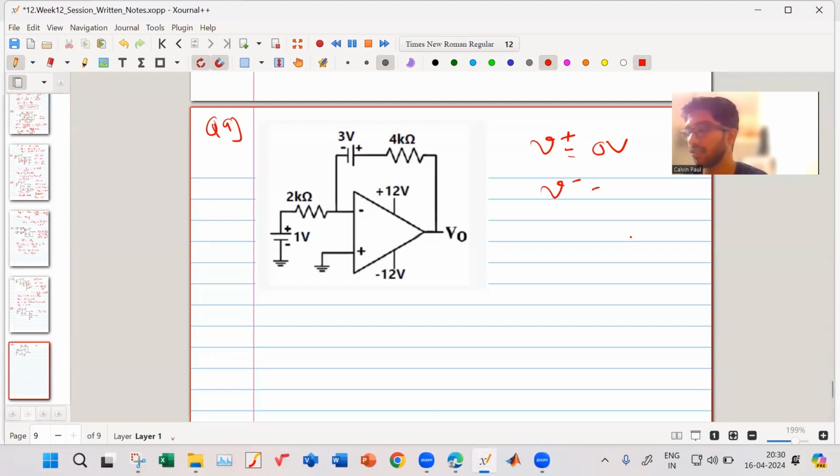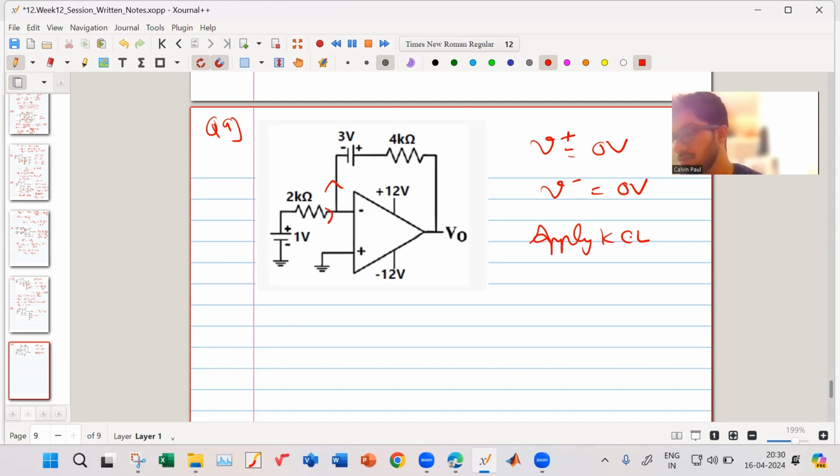That means your V minus also is 0 volt. Then I will proceed now. We can apply KCL at the negative terminal. Okay, I apply KCL. So current flowing in is current flowing out. So what will I write?